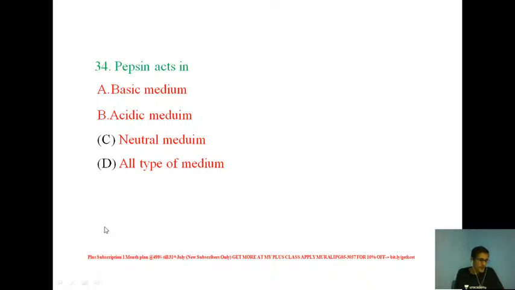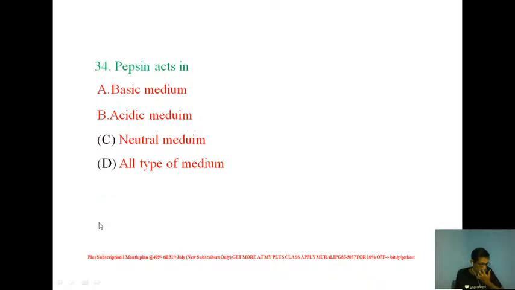34. Pepsin acts in which medium? Whether it is basic pH medium, acidic medium, or neutral medium. Pepsin and renin are the two protein-digesting enzymes produced in the stomach. The stomach has a highly acidic pH.